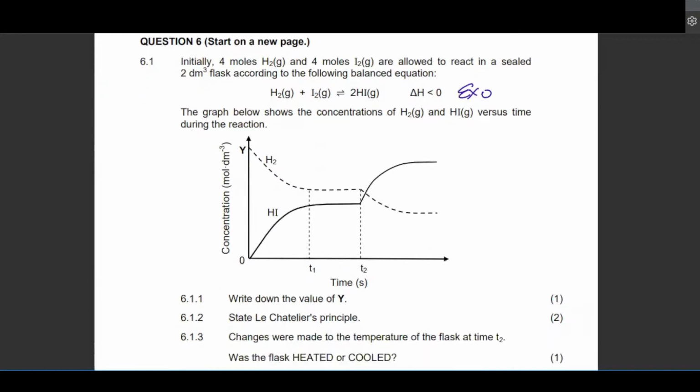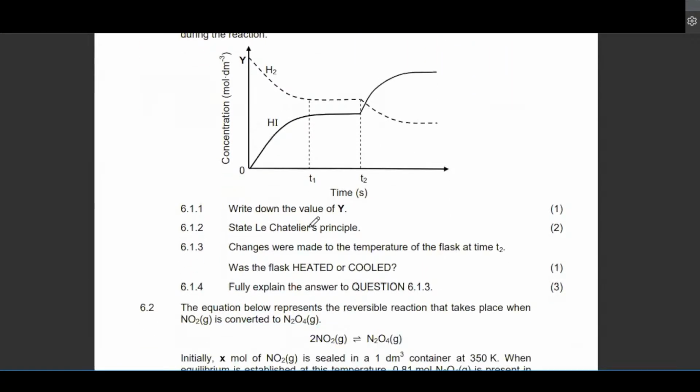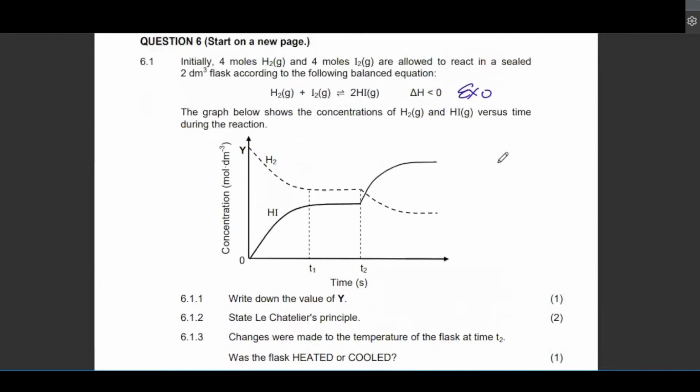All right. Question 1, write down the value of y. The value of y is 4 moles divided by 2 decimeter cubed, which is 2 moles per decimeter cubed.